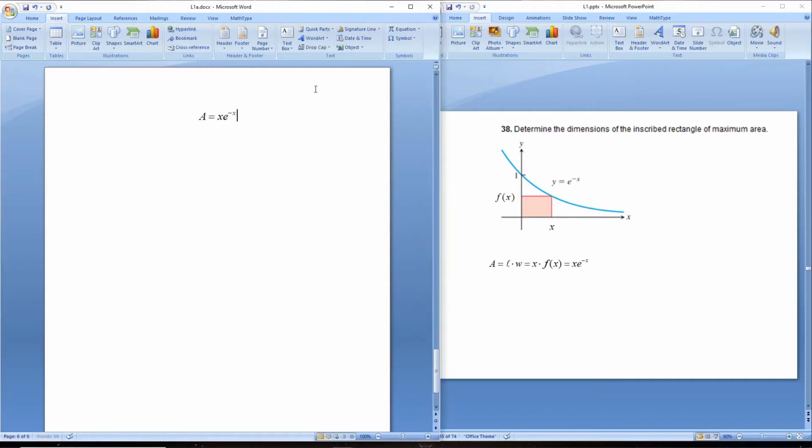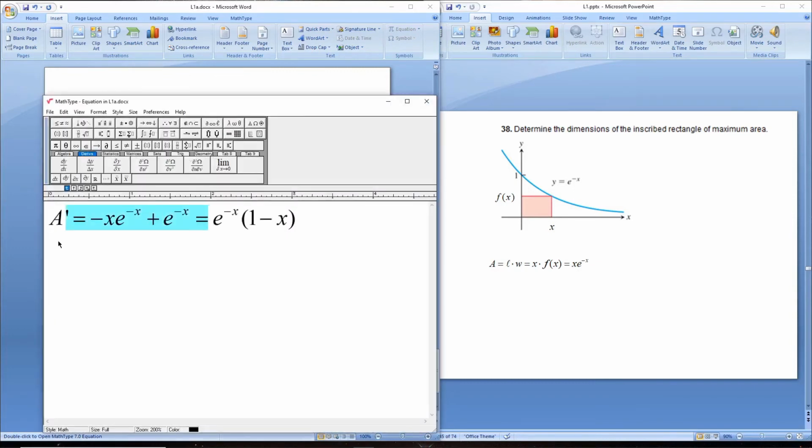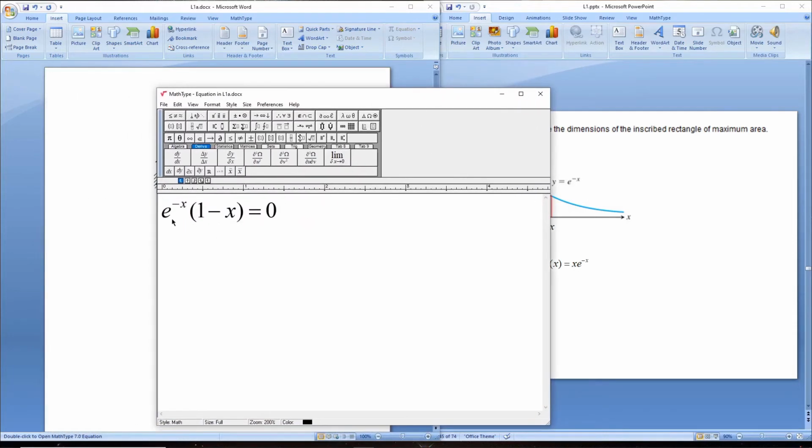Let me just put that over here. Here's our function of one variable. We will need a product rule on that. That's what that would look like. There's a common factor we can pull out there. And once we have our derivative, we'll set it equal to 0 to find our critical numbers. Now, solving this does mean a zero product property.